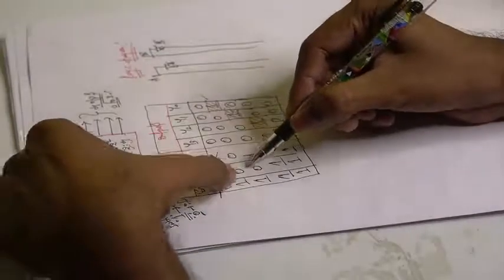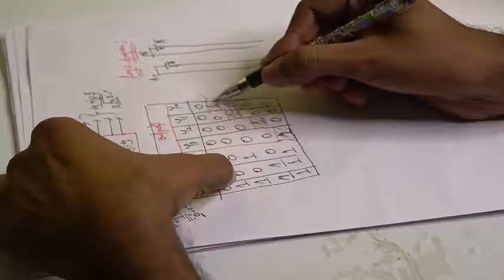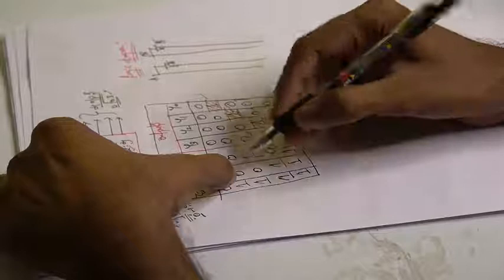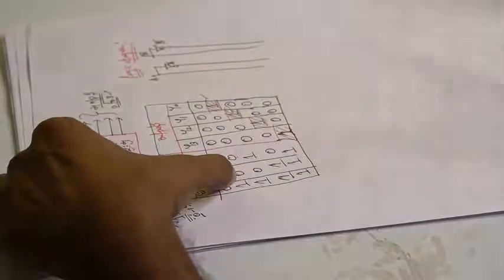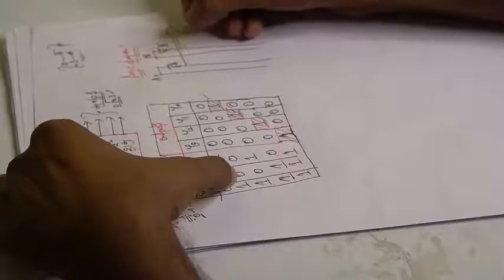Here you can observe the 0 0 case. Here Y0 will become 1, and all remaining will become 0. That means 0 represents A bar, and 1 represents A. Just remember this. You already know that. This will become A bar and B bar, and the AND gate. You will get Y0, right? Y0 is equal to A bar B bar.